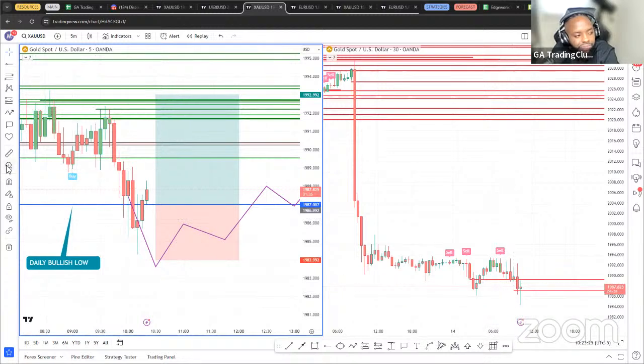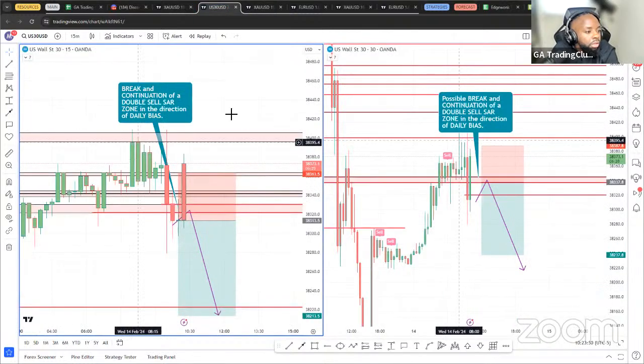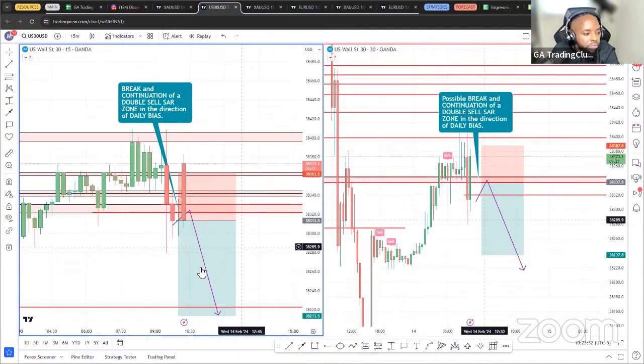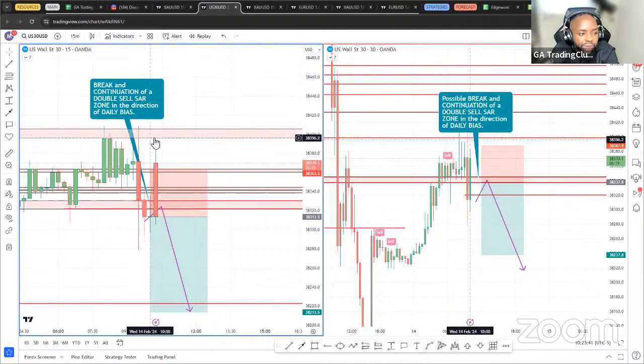But we can still have some manipulation to the downside. Yeah, but US 30 is gone. Now the test and rejection entry is still valid from up here.